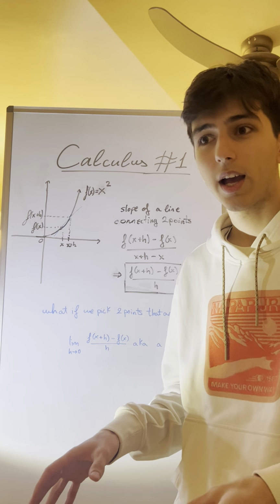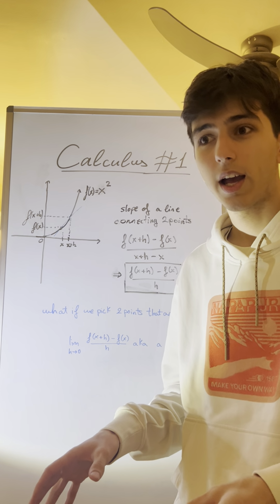And when you expand x plus h squared, that becomes x squared plus 2xh plus h squared minus x squared over h, and we can simplify this by cancelling this and that out, and we get h squared plus 2xh, all over h.